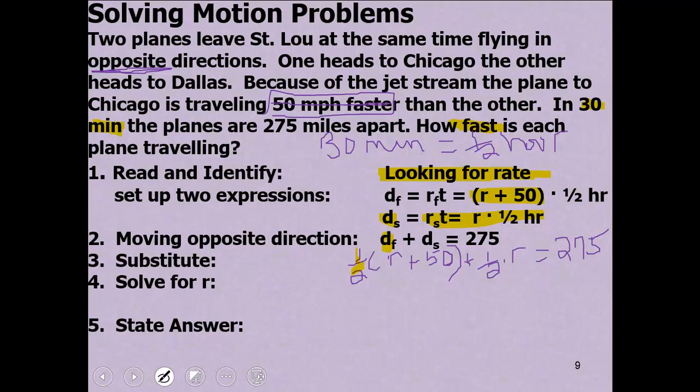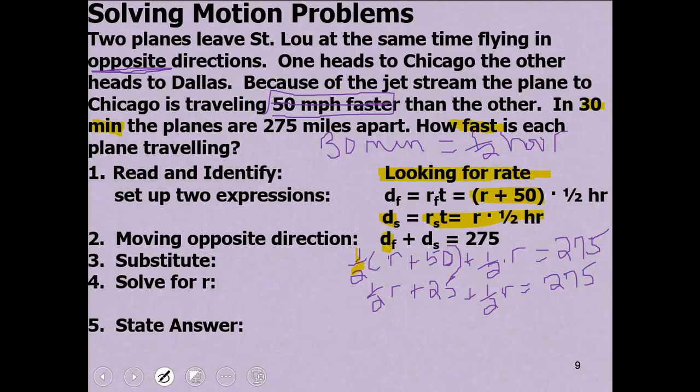So now I just solve for R. I use distribution, and I collect like terms, and I solve for R. So I'm going to distribute first. So I have 1/2 R plus half of 50 is 25, plus another half of R equals 275.